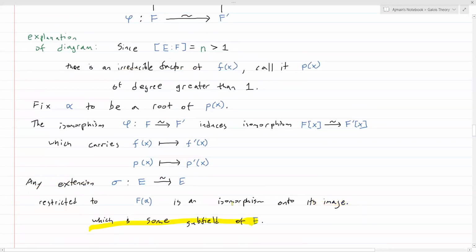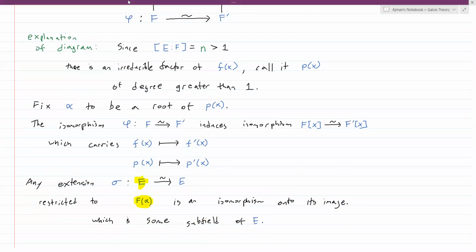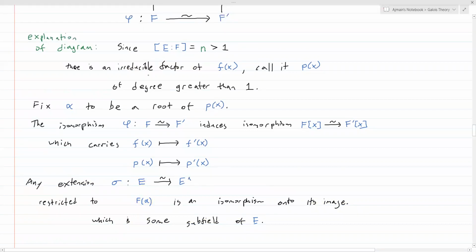So what am I saying here? We fixed this alpha before we chose sigma, and now we look at a specific sigma, and we say that it takes this subfield F adjoint alpha of E to some subfield of E prime.